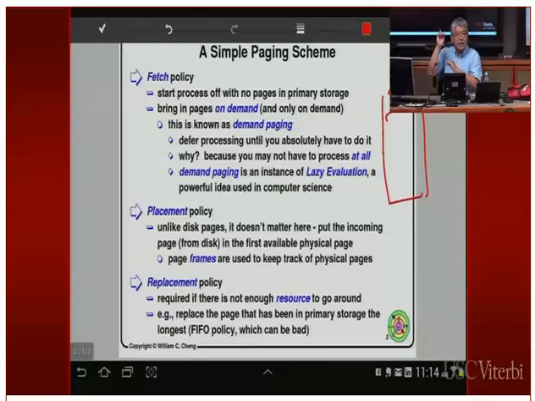Using the basic approach, only a single page table, and this page table has 1 million entries, and every entry takes up 4 bytes. Inside every entry there is validity, modified, reference, protection, and then finally the physical page number. So inside the page table, what we're going to do in the beginning, as the fetch policy, is set v equal to 0 for every entry over here.